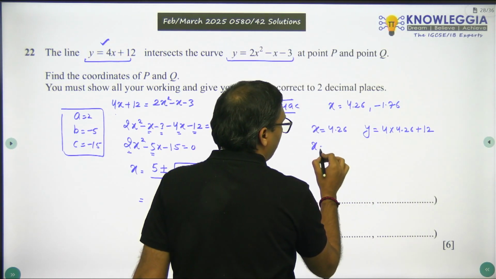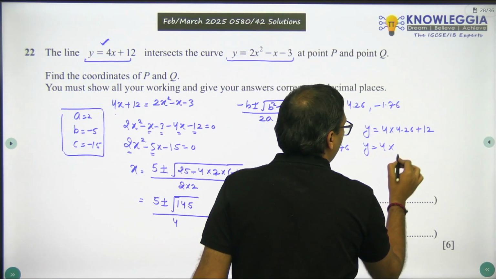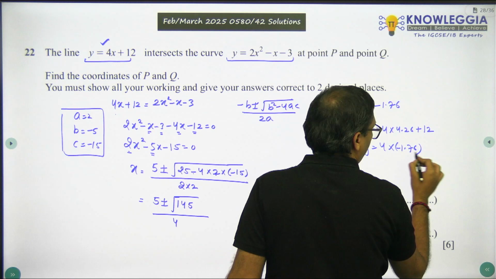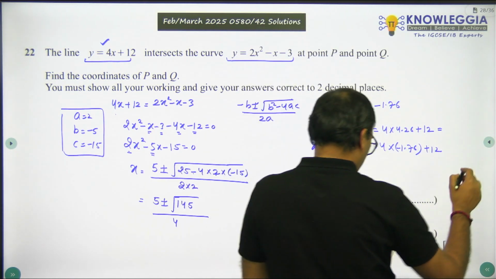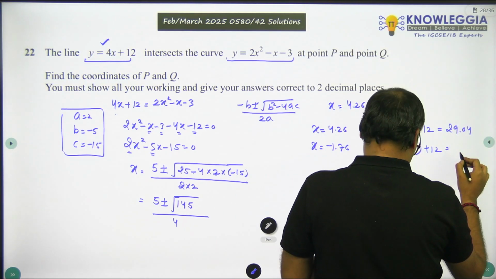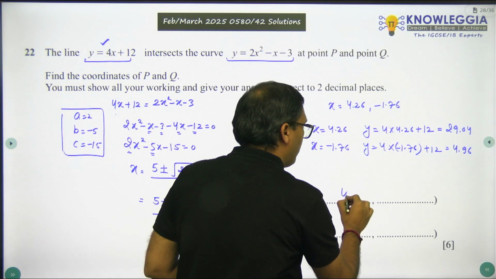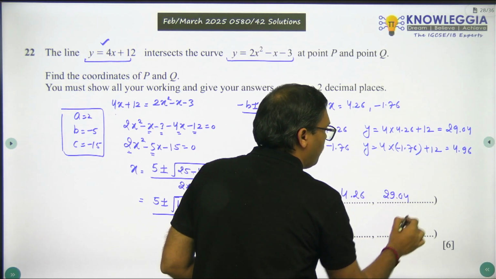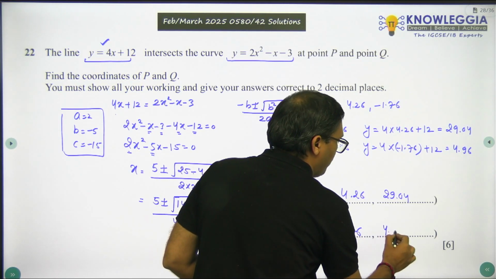And if x is equal to minus 1.76, y will be equal to 4 into minus 1.76 plus 12. From this, you will get the y values, which are 29.04 and 4.96. So what are the coordinates? 4.26 comma 29.04, and negative 1.76 and 4.96.